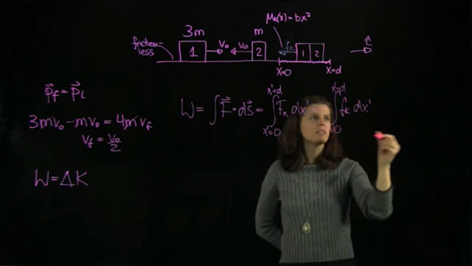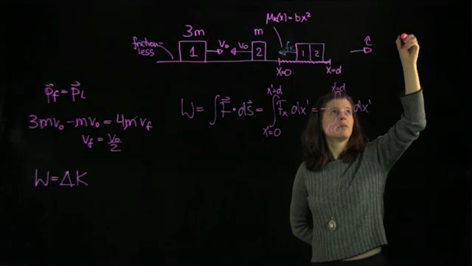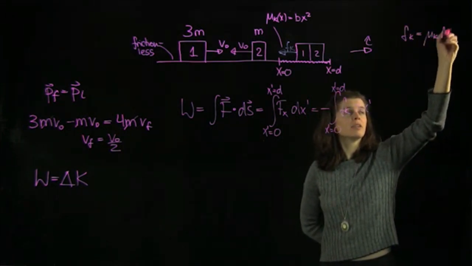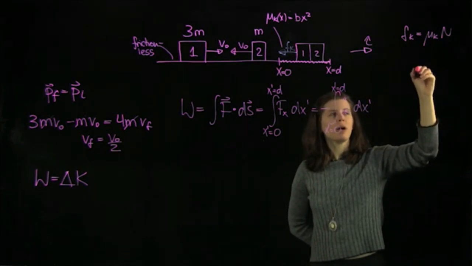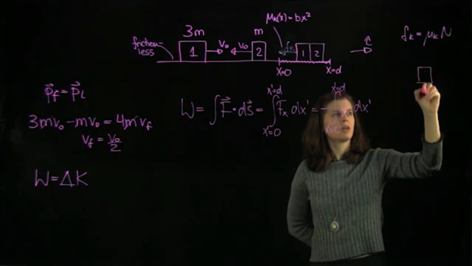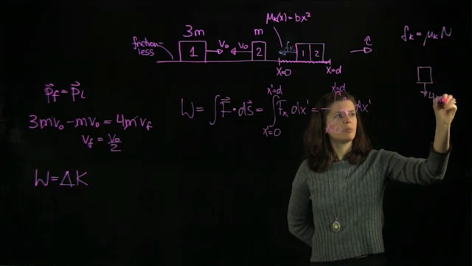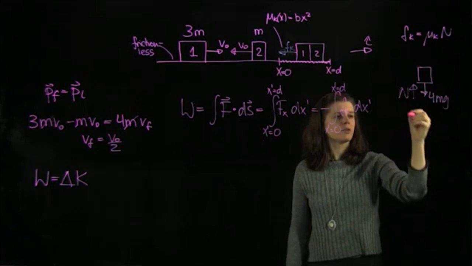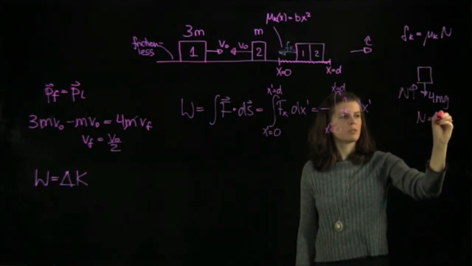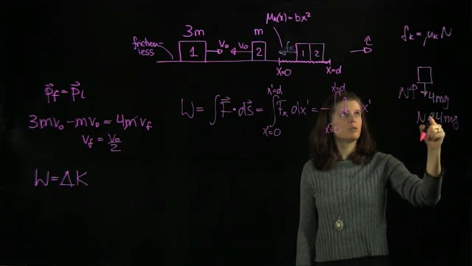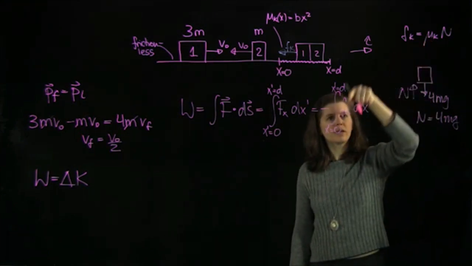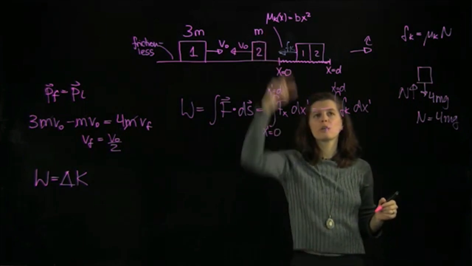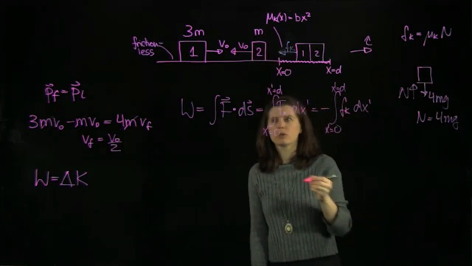Now, what is this Fk? We know that Fk equals mu k N, and from doing a quick free body diagram, we'll see that we have 4mg going down and we have a normal force going up, and so we'll see that N equals 4mg, which we can then plug in here. And the coefficient of kinetic friction is actually given to us, so that nicely works out.